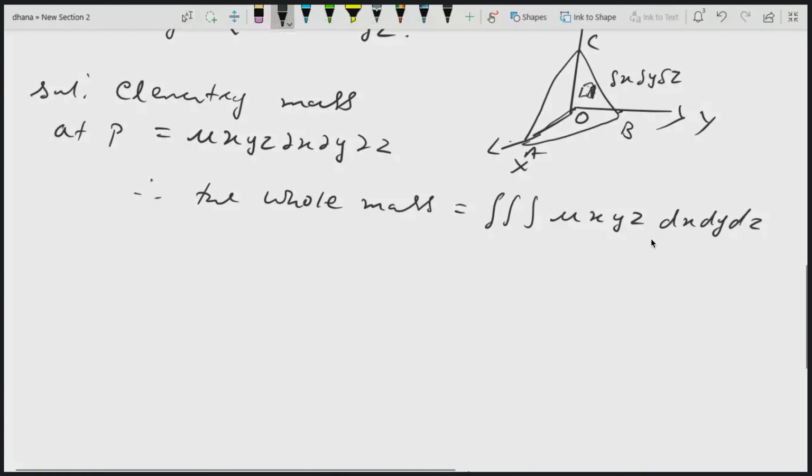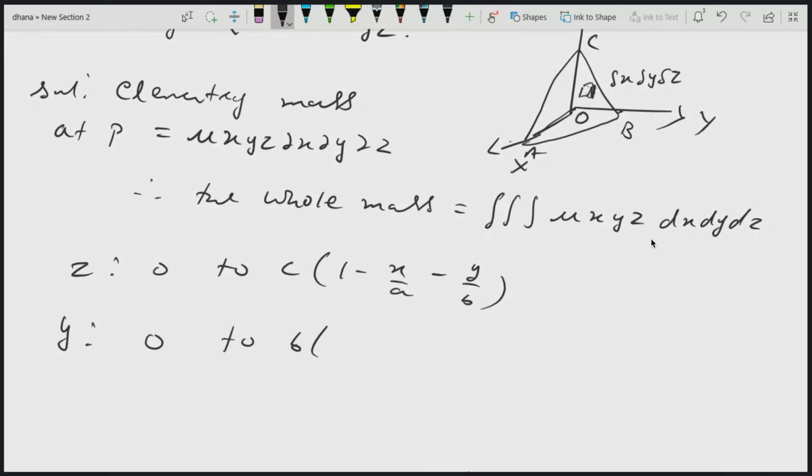The limits of z will be from 0 to c into 1 minus x by a minus y by b. Now limits for y: in the xy plane, z will be 0, so the limits of y, in terms of x, will be 0 to b into 1 minus x by a. And x limits from 0 to a.